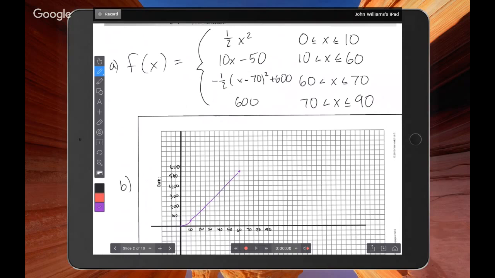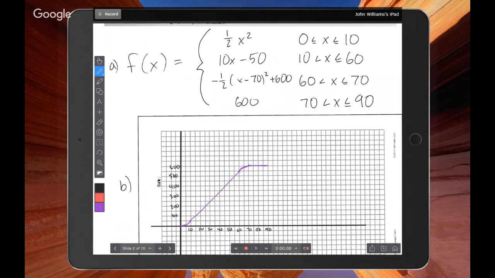Then I've got another 50 meters in another 10 seconds, and that's an upside down parabola right there. So this is parabolic here and there. And then I'm constant for the next 20 seconds, so flat line to 90.